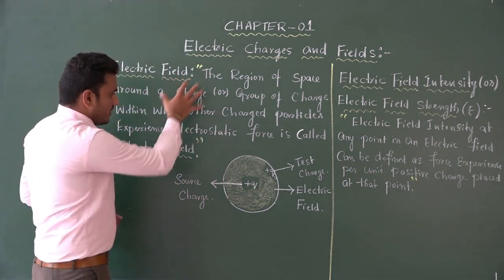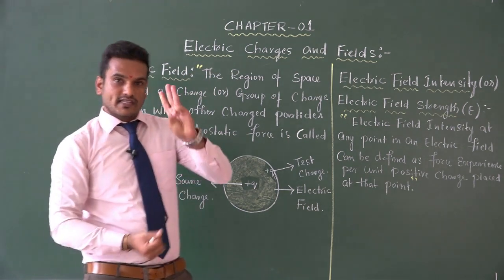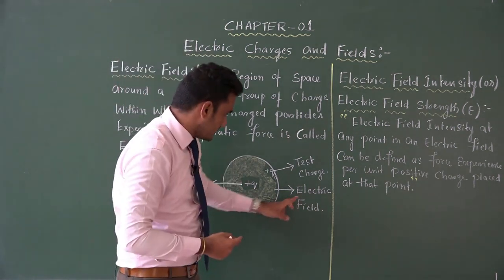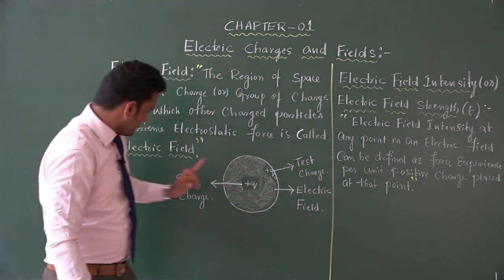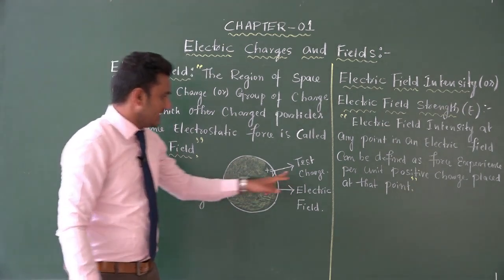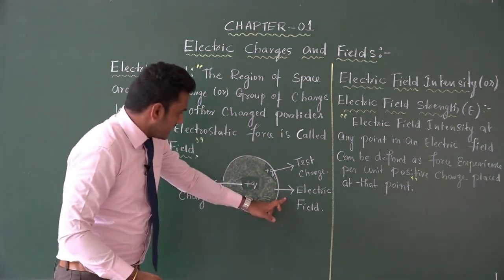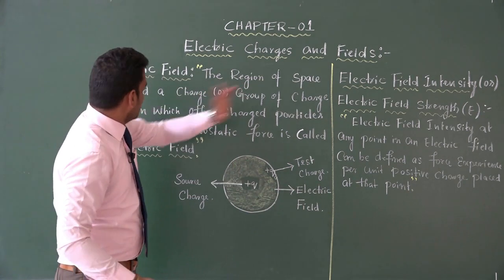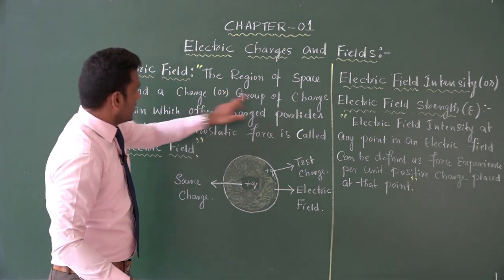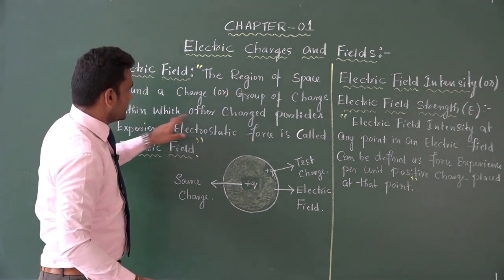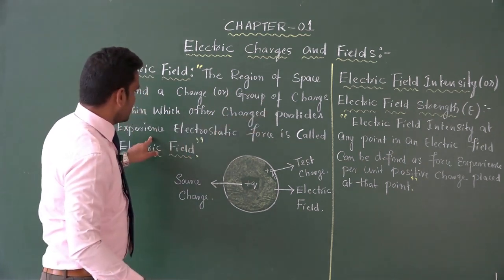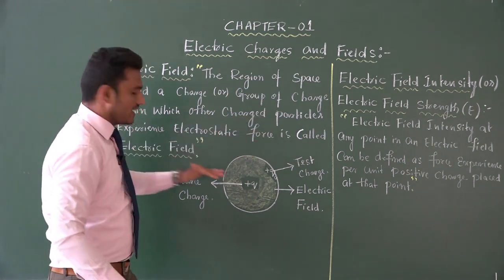So here we can notice there are three concepts. The first one is electric field, then source charge, then test charge. Electric field: the region of space around a charge or group of charges within which other charged particles experience electrostatic force is called electric field.